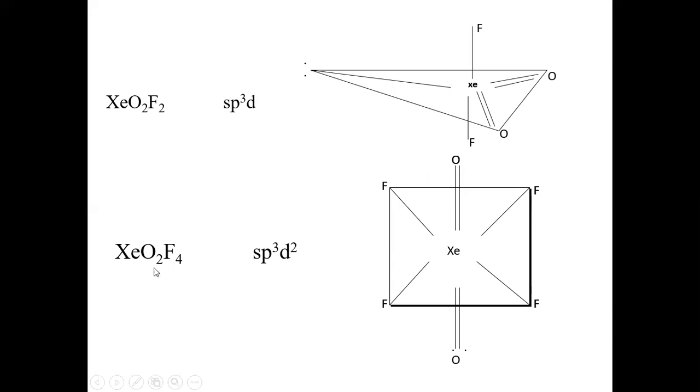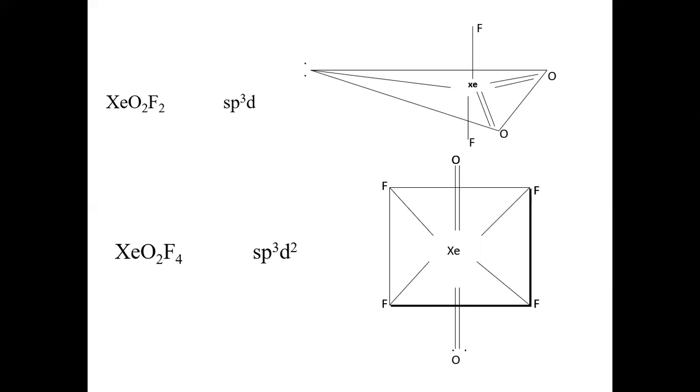Next, xenon dioxytetrafluoride. We get sp3d2 hybridization, where one 5s orbital, three 5p orbitals and two 5d orbitals of xenon undergo sp3d2 hybridization.